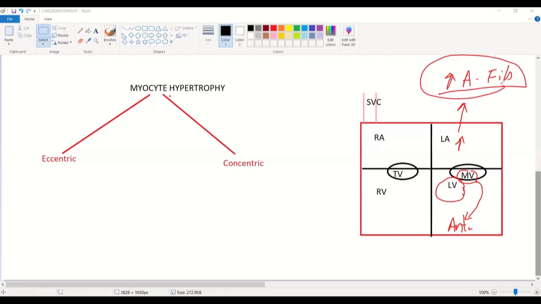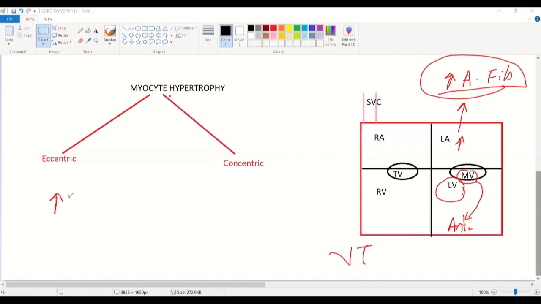So in this way, it will lead to increased risk of atrial fibrillation as well. It also increases the risk of VT, ventricular tachycardia. I don't know the mechanism of how it leads to ventricular tachycardia, but it increases the risk of ventricular tachycardia as well as atrial fibrillation, right? Okay.